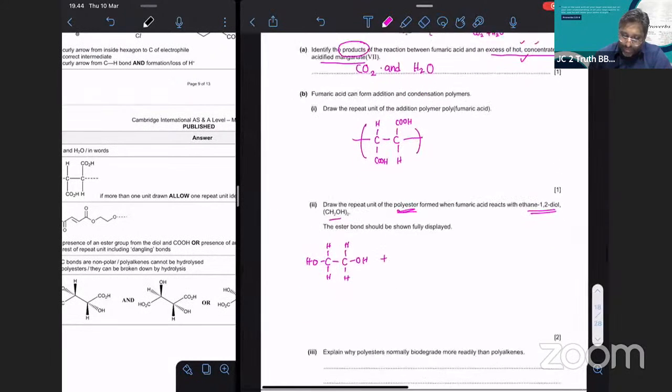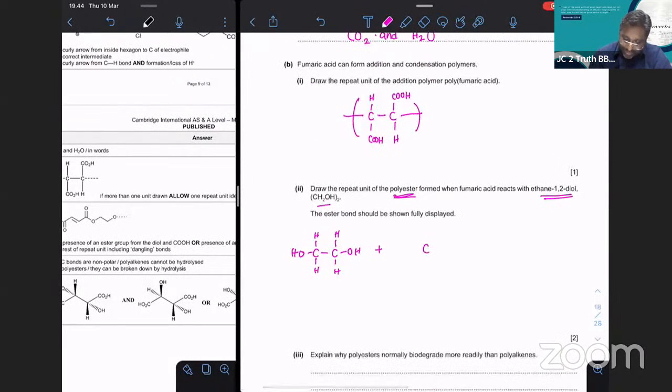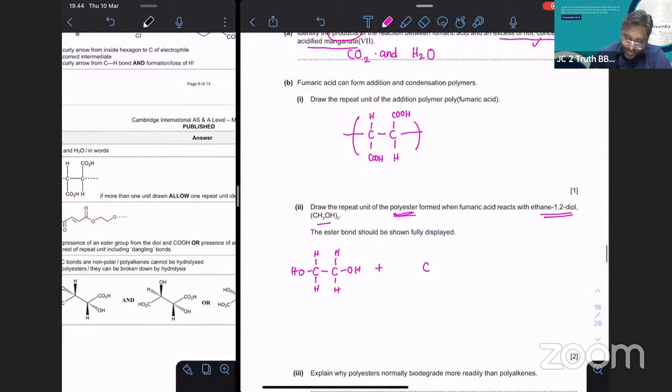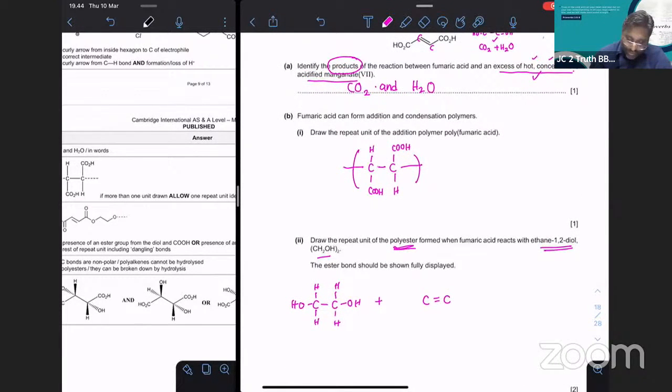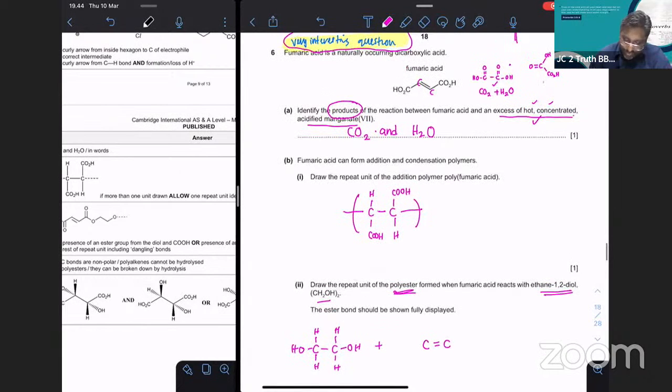I'll draw it also to make our life easier. You see carbon double bond carbon, and then I can see the hydrogen there, and then I put carbon double bond OH here, and then I put carbon double.